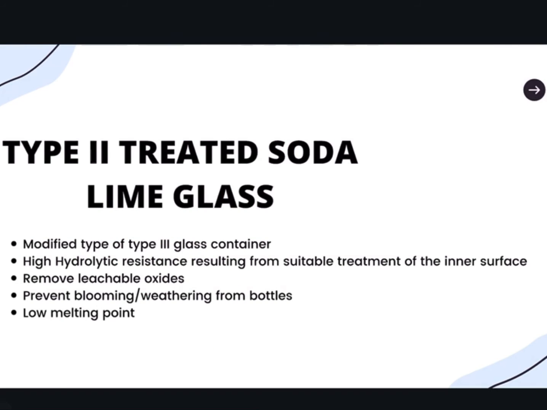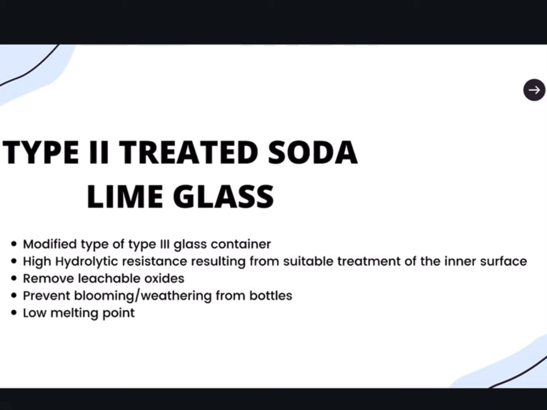Then type 2 is treated soda lime glass. It is a modified type of type 3 glass container. It has high hydrolytic resistance resulting from suitable treatment of the inner surface, which means this type 2 is treated soda lime glass. So from the type 3 glass, the inner surface of the lime glass has been modified.